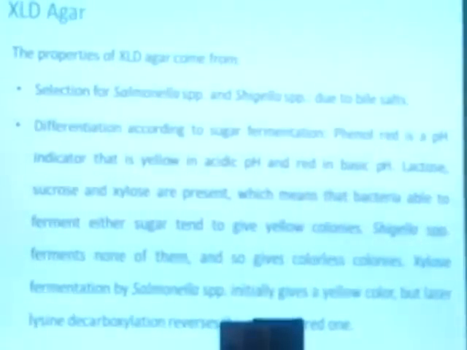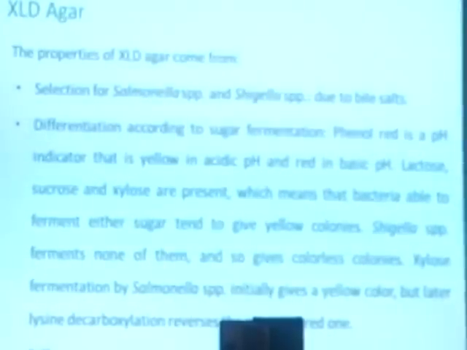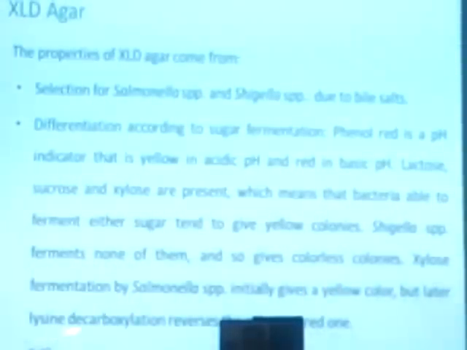Do you understand? So initially, it starts as yellow, but after a while, we incubate it for 18 to 24 hours, right? So there is a long time. After a few hours, it starts as a yellow colony, but after that, lysine decarboxylation will make it a red colony, right?